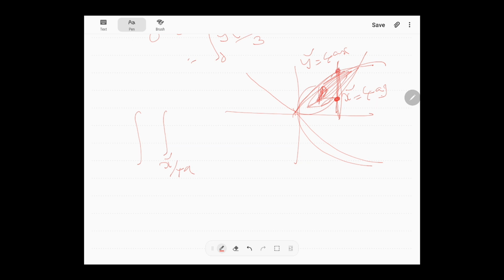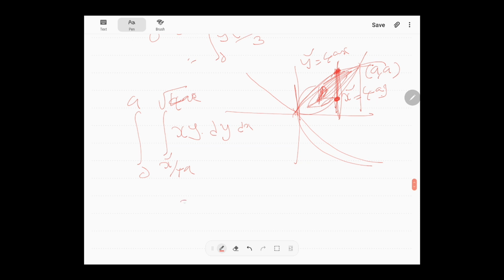And what is the value of y here? Y value is root 4ax. And from where to where is this x varying? X is varying from 0 to this point. This point is a comma a. So 0 to a.